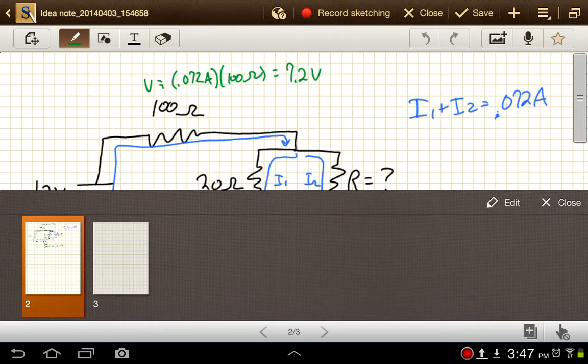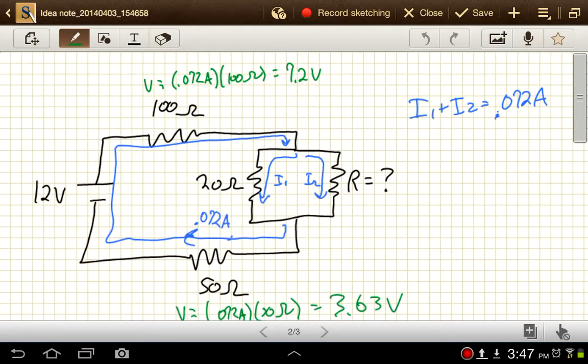So now we know that the voltage drop here is 7.2, the voltage drop here is 3.63, the increase here is 12, and we know that for any path that we take through here, the total voltage drop has to be equal to 12 volts, because that's how much it's increasing by.